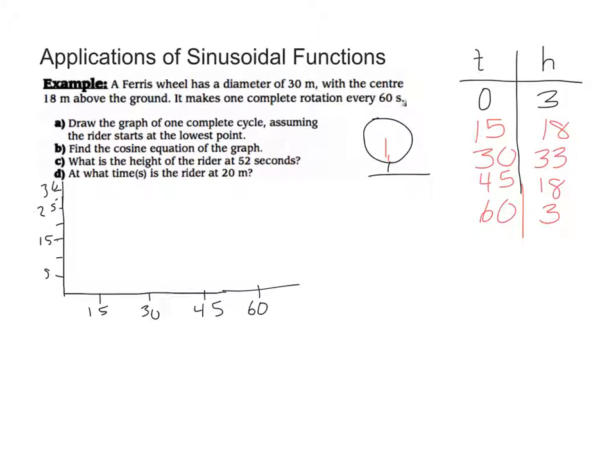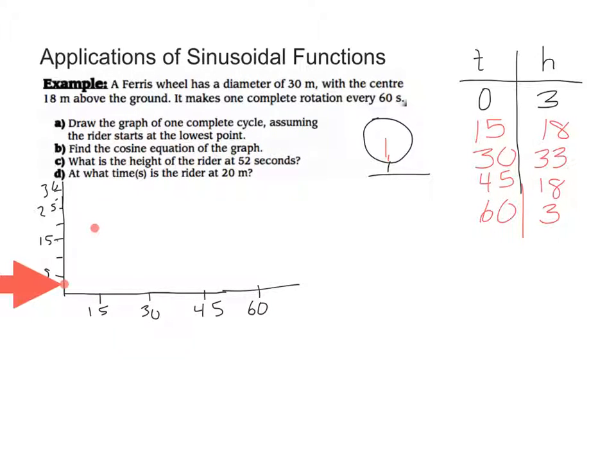And then I can start plotting those points. So I could say 0 and 3. Well, that's going to be... I made an arrow again. So there's that first point at 0 and 3. The next point is going to be at 15 and 18. So around there.